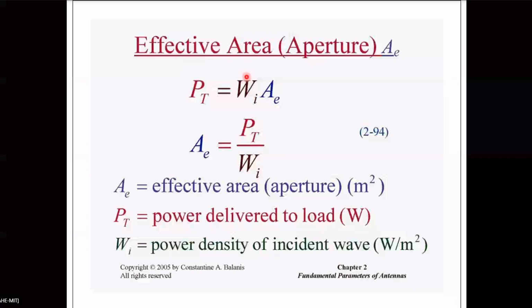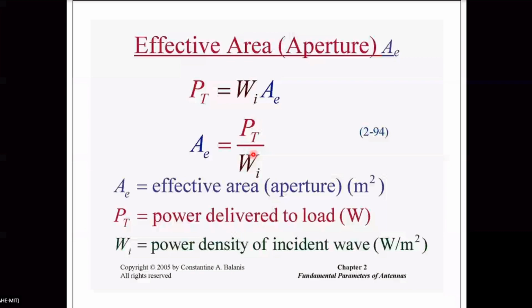So WI is the power density. PT is the power delivered to the load. So naturally, what is missing here is an area, because power should be power per meter square into an area. And this AE is called the effective aperture.